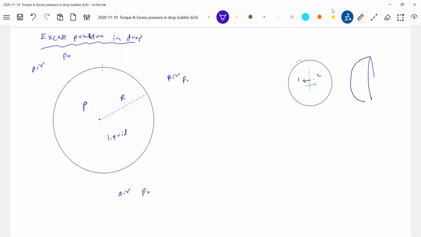When you break it up, you're going to get two halves. Tell me how I have to show those forces. I'll show them in red color.